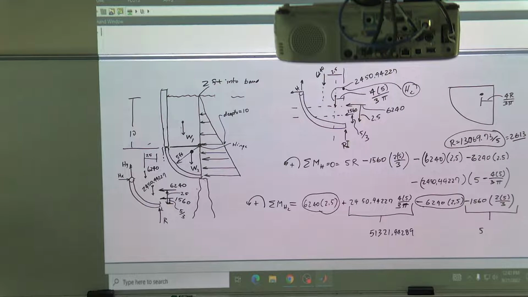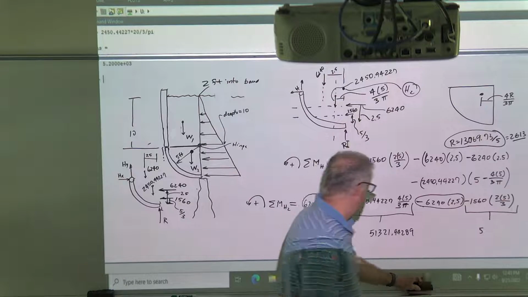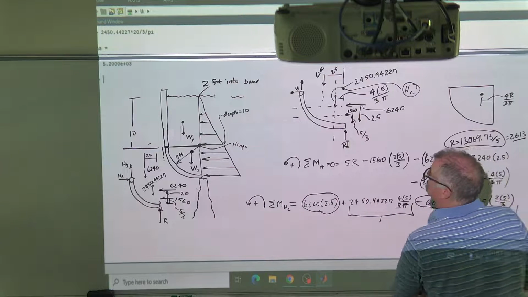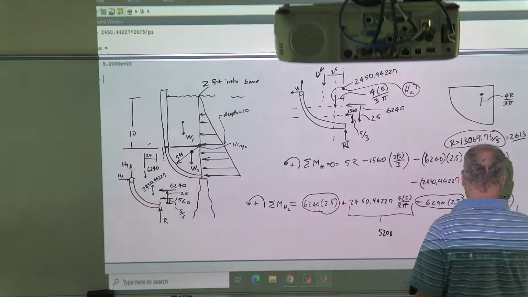Okay, 2450.44227 times 20, 5, 3, 5. Oh, okay. I came up with the wrong number on this one. So what did you get on that one? Was it 5,200 as well?